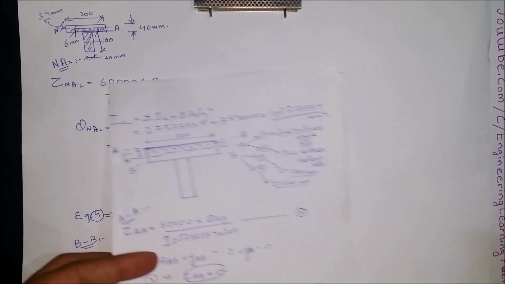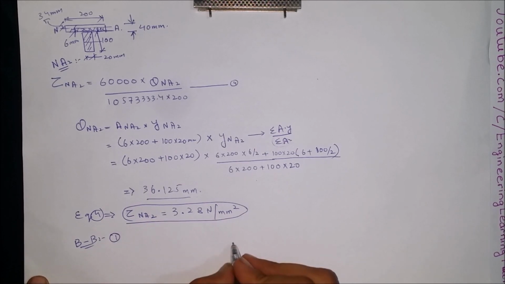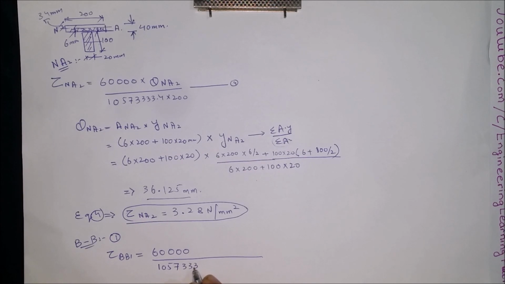So we will devise a general formula for BB1 due to thickness 200 mm. The tau BB1 is equal to 60,000, that is the shear force, over the moment of inertia, multiplied by QBB1 multiplied by the thickness, that is 200. Let's call this equation number 5.